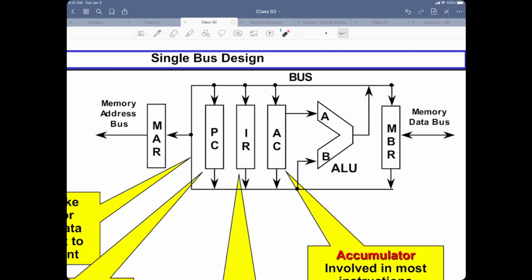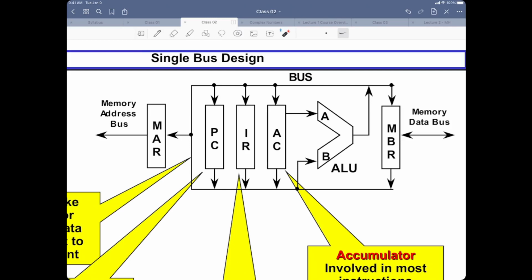So for example, later on in the course, we will be looking at the MIPS ISA, right? In MIPS ISA, there are three types of instructions. R type instructions, I type instructions, and J type instructions. You don't need to remember all of these things, but I want to make this a little bit clear ahead of time so that there is no confusion later on.